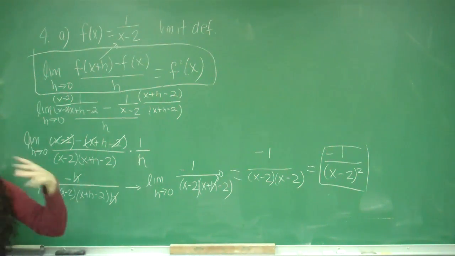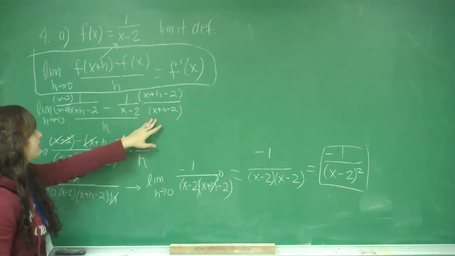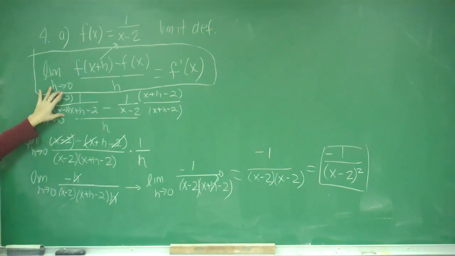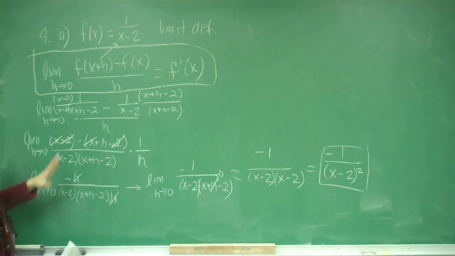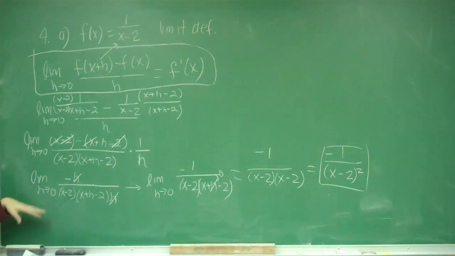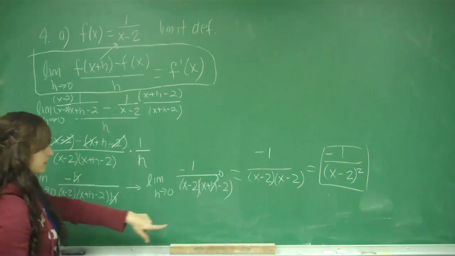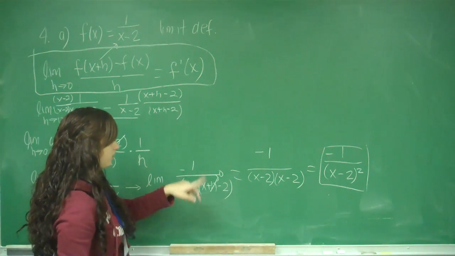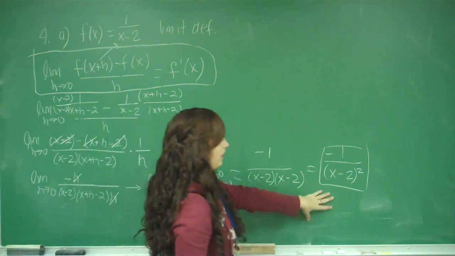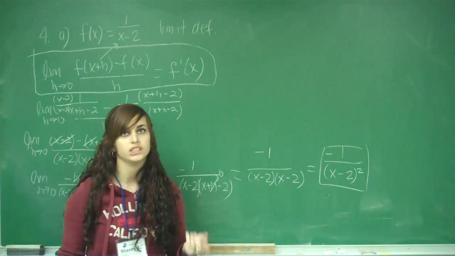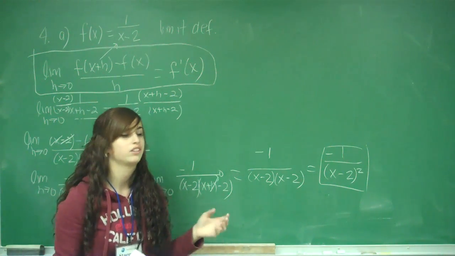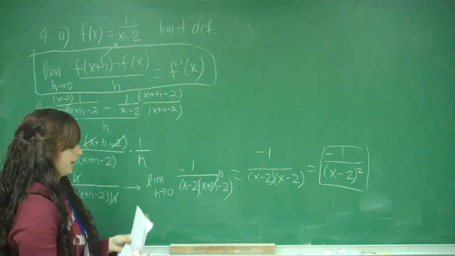And then you have to get a common denominator. So we multiply this side by the opposite in this one. Then once I have my common denominator, a lot of terms will end up canceling out, and then your h's cancel, and now we take the limit as h goes to 0, and we get this, and that's our final answer. And if you can find the quotient rule quickly, you can check your answer there.